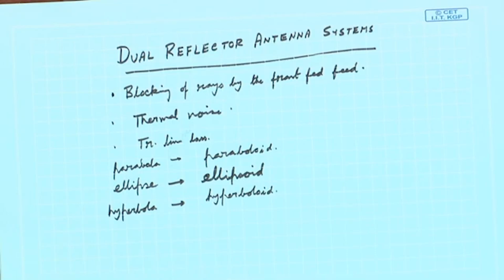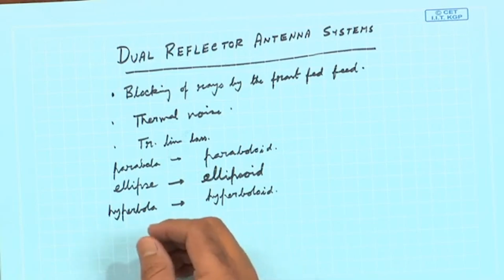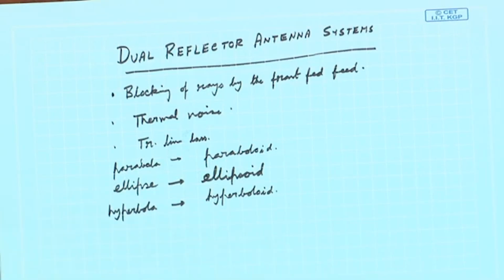Now, the hyperboloid subreflector in the Cassegrain system may have its convex face facing the paraboloid or its concave face facing the paraboloid. So, these systems can be analyzed. Also, we can say the blockage of aperture rays is less in Cassegrain than in Gregorian.